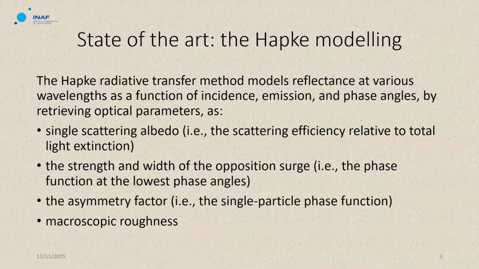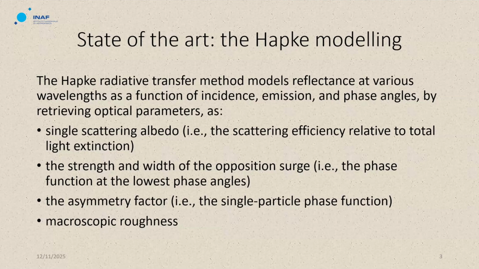The first is the single scattering albedo, which is the scattering efficiency relative to the total light extinction. Then the strength and width of the opposition surge. The opposition surge is the reflectance rise observed at low phase angle, and the strength is the height of this rise.